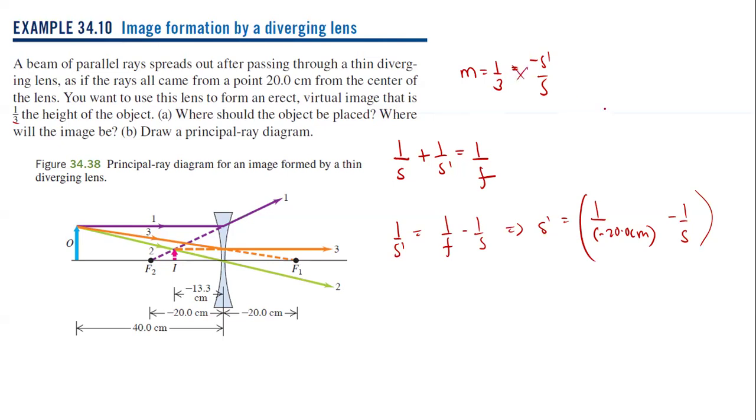Can we cross multiply this? So s is equal to negative 3 s prime. We insert this result into the equation and solve for the distance.